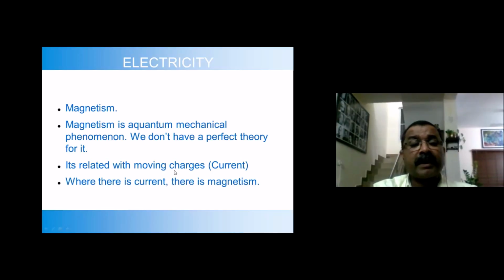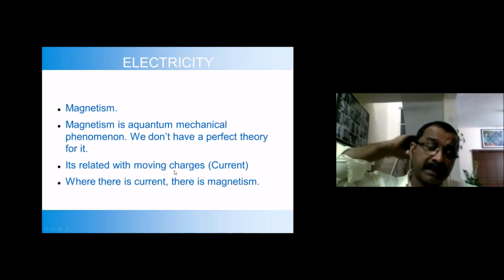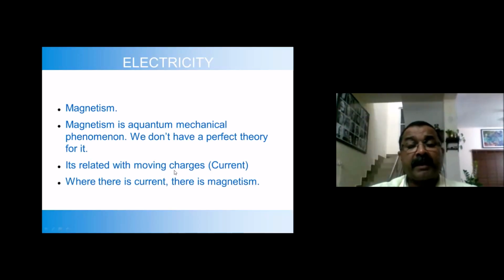A lot more has to be explored in magnetism. As far as magnetism is concerned, we do not have that much knowledge, because it is actually a quantum mechanical phenomenon. Quantum mechanical phenomenon means that it's basically generated at subatomic particle level.